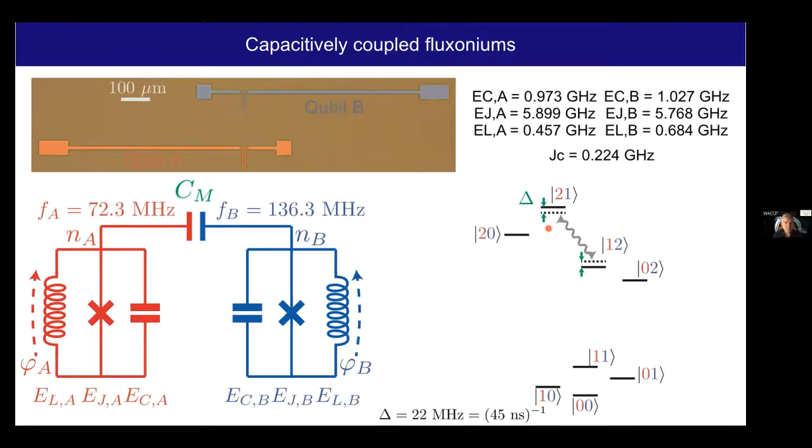Okay. And if the question is what is the temperature of this state, as far as we know, it seems to be very similar to the one of a transmon. So it's really a transmon-like transition at 5 GHz. So it has a few % of excitation probability.